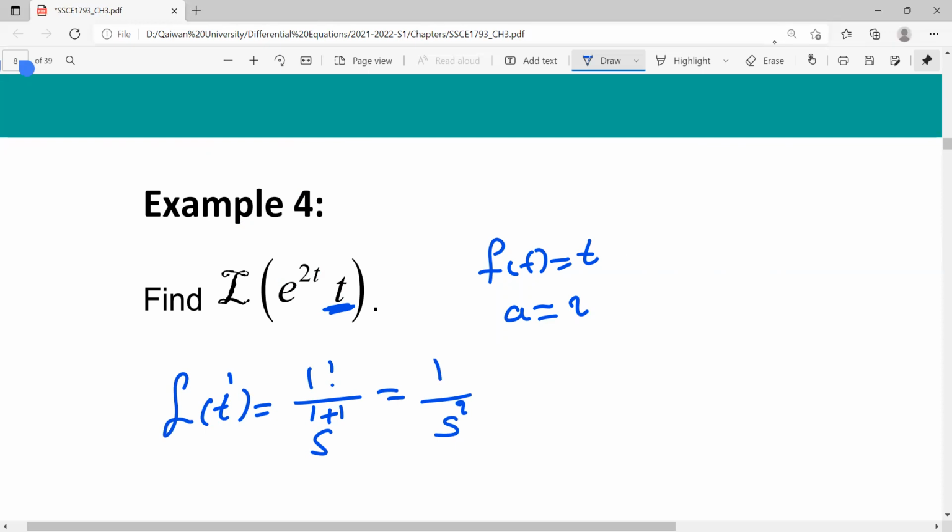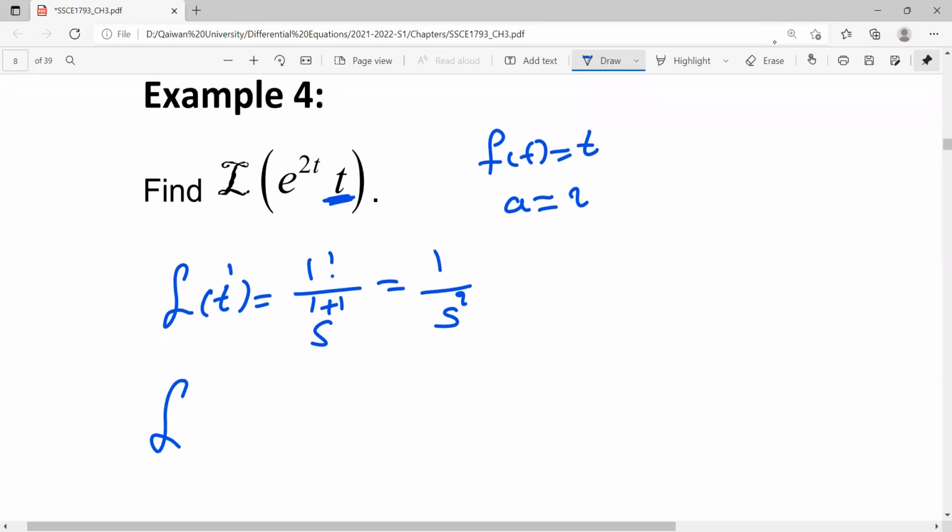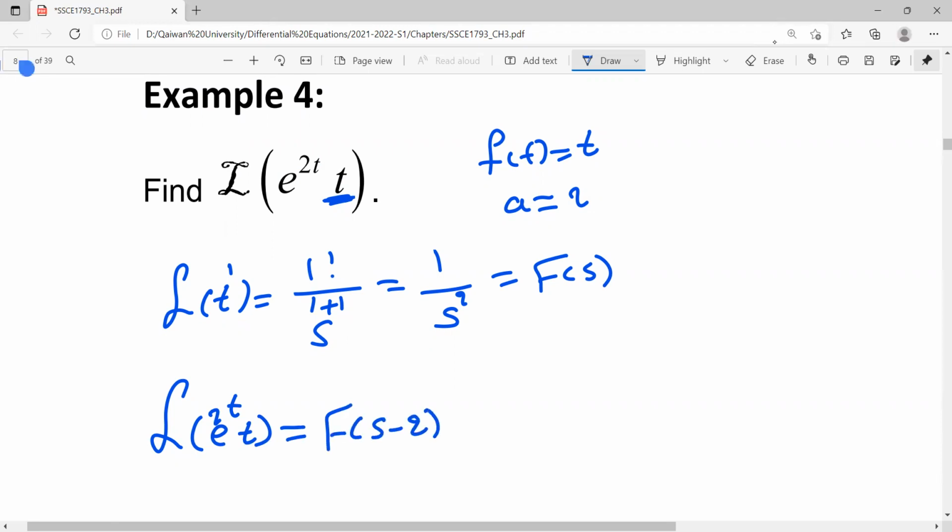Now we have a equals 2, and the Laplace transform, this is F of s. How about F of s minus 2? F of s minus a, here a is 2. The Laplace transform of e to the power 2t times t equals F of s minus 2, which is F of s minus a, as we said before.